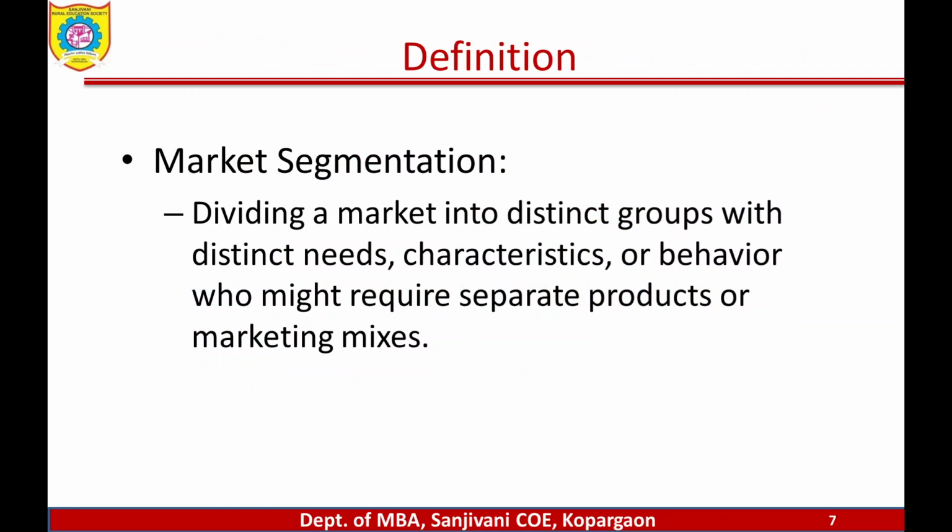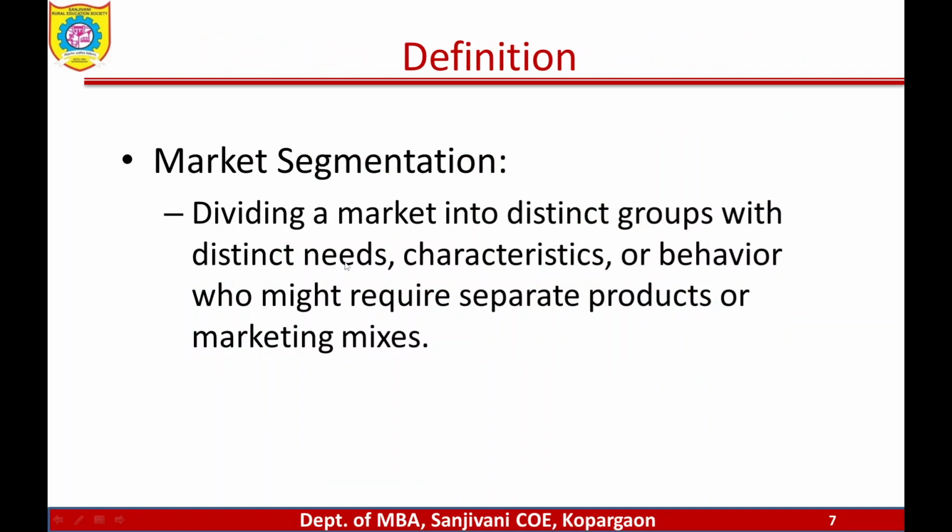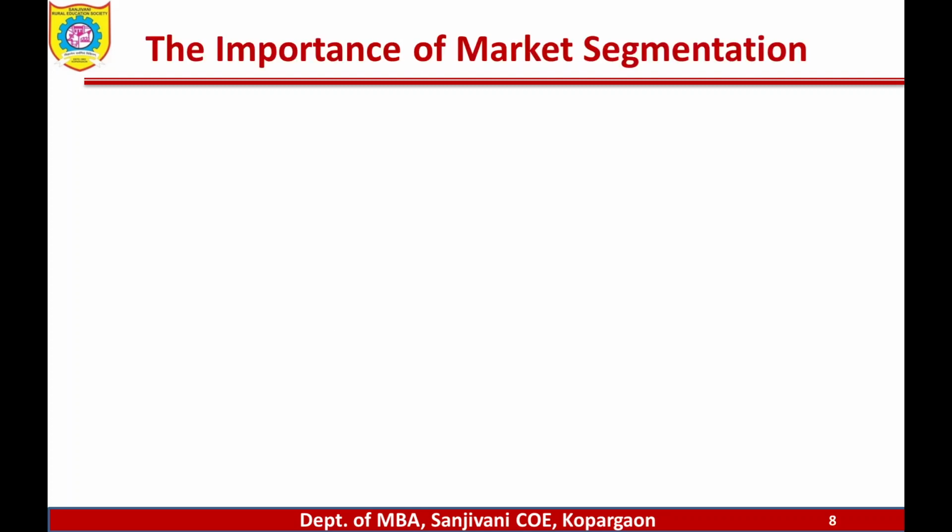Market segmentation is dividing a market into distinct groups with distinct needs, characteristics or behavior who might require separate products or marketing mix. So you find a market is divided into several distinct groups with distinct needs, characteristics or behavior who might require separate products in their marketing mix.